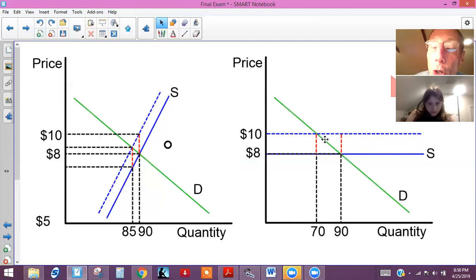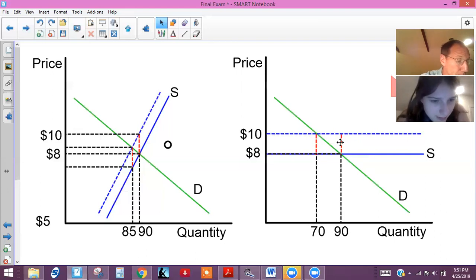Okay. So the question is, when you have that tax applied, what happens to total revenue for the company? Does it go up? Does it go down? Or does it stay the same?